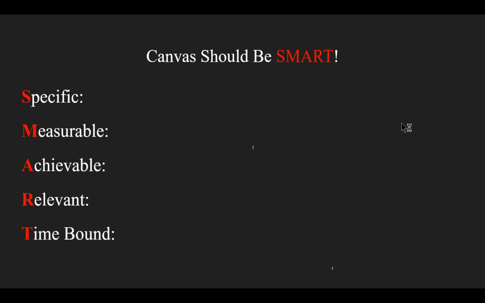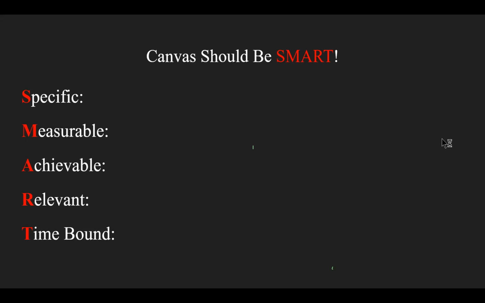Because in a canvas, it will ask you how you will make revenue, how will you make money, and the things you write down there should be achievable.